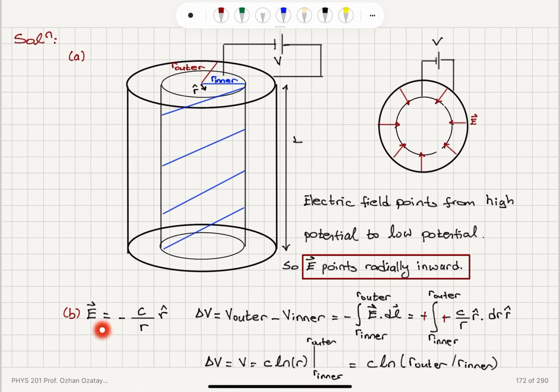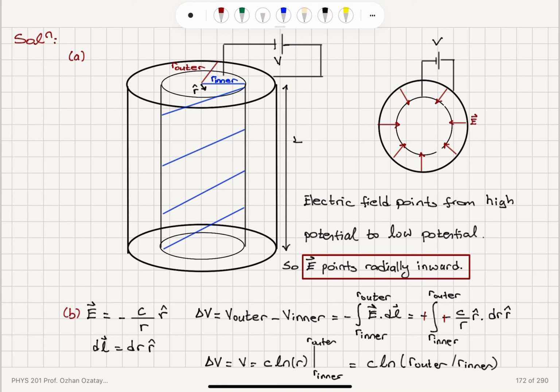Knowing that this electric field will be a constant C divided by radial distance R from the central axis of the cylinder, the potential difference between outer and inner conductors, V outer minus V inner, is minus the integral from R inner to R outer, the path integral E dot dl. Electric field is minus C over R hat. dl vector here is dr in R hat direction.